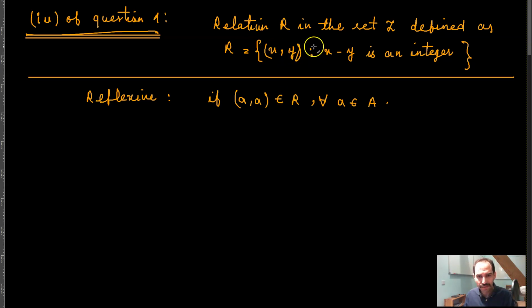And so that means that for all of the integers belonging to the set of integers, a comma a is going to be a member of R.